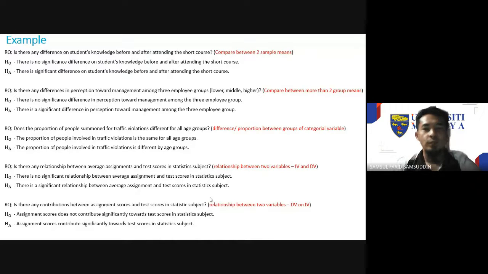So if you learn more in depth in statistical analysis, you will go through this.